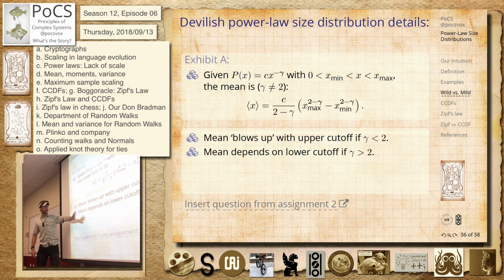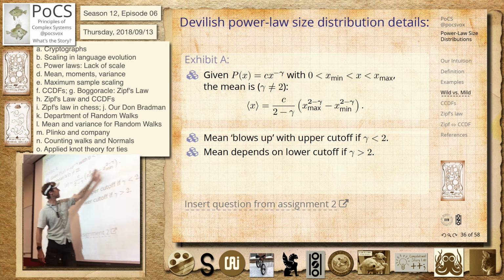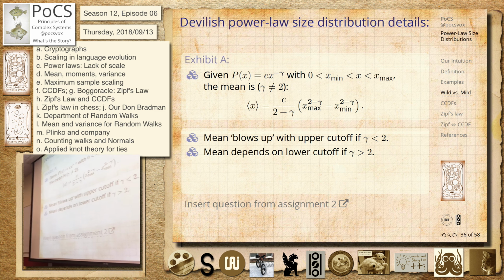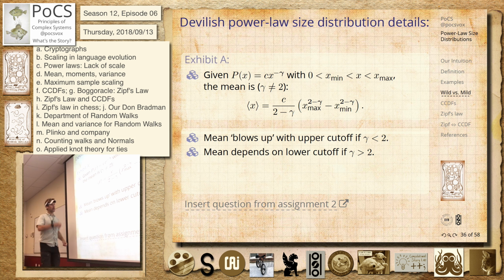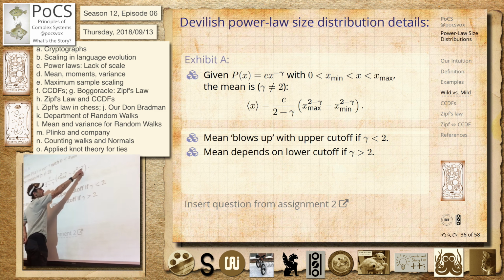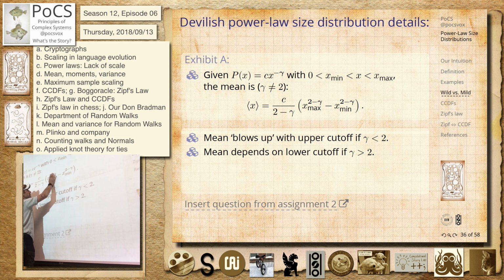All right, so it depends on the lower cutoff if gamma is greater than 2, right? So both of these things are involved. When gamma is greater than 2, then this is a negative exponent. This is negative here. This x max is relatively large. This tends to be small. So this will be the dominant piece here.